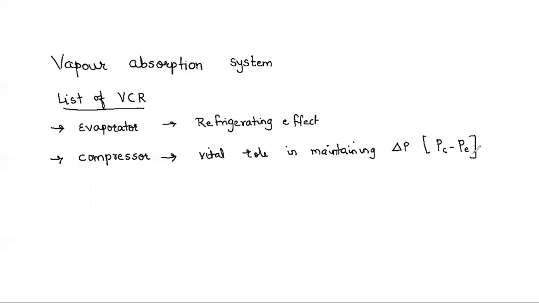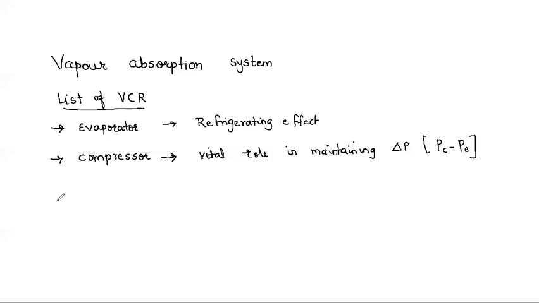If you want to change the boiling point and the condensation point, then the only alternative for a given working fluid is to change the pressure. So the compressor basically maintains different temperatures in the evaporator and condenser, such that the refrigerant in the evaporator evaporates and gives you the cooling effect, and the refrigerant in the condenser condenses and rejects heat to the surroundings. That is an important role of the compressor.